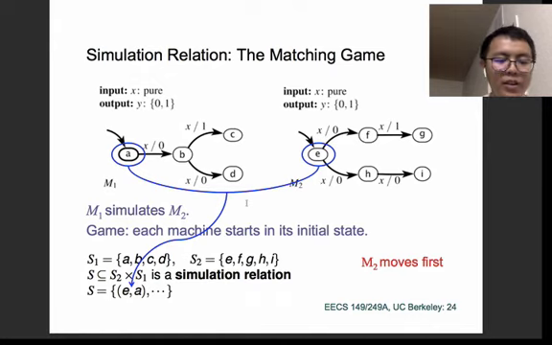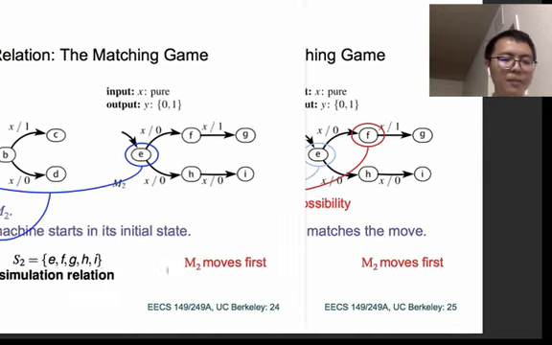When x is present and the only output is 0, M1, given present, will produce the output 0, so it matches the moves. If the input is absent, it will still match. So we put EA into the simulation set.